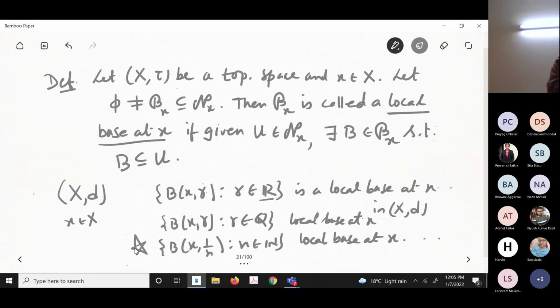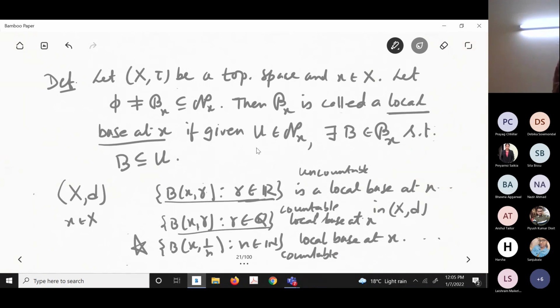The first local base is uncountable, because uncountably many neighborhoods are there. But the second is countable since Q is countable, and similarly the third is also countable. So first countability means each point has a countable local base.